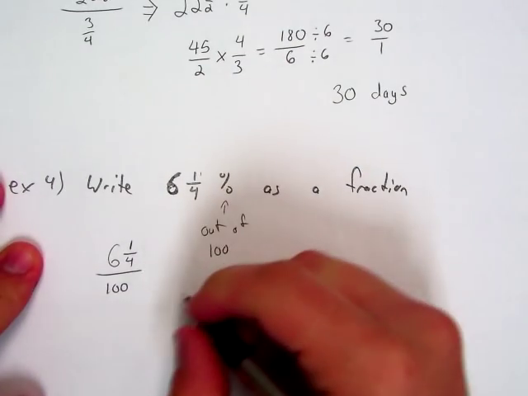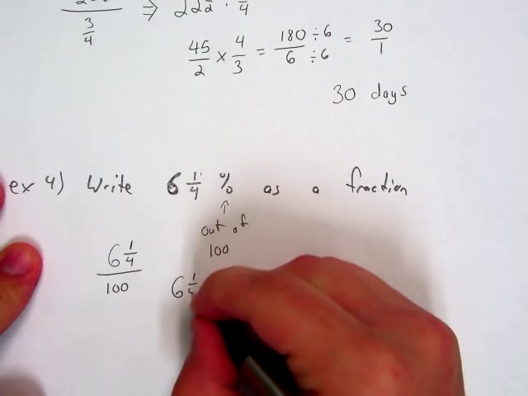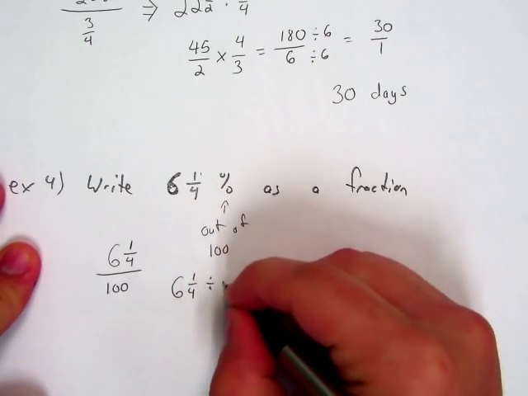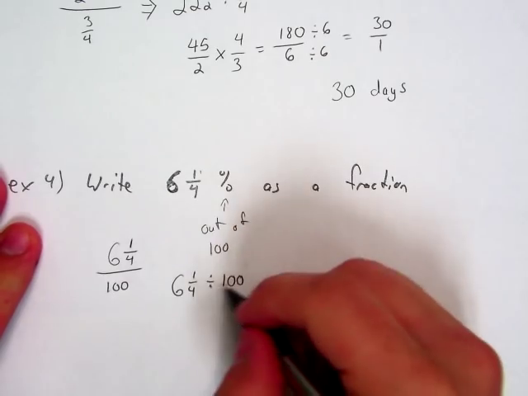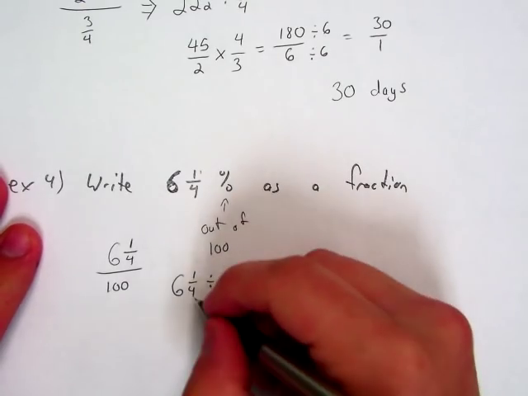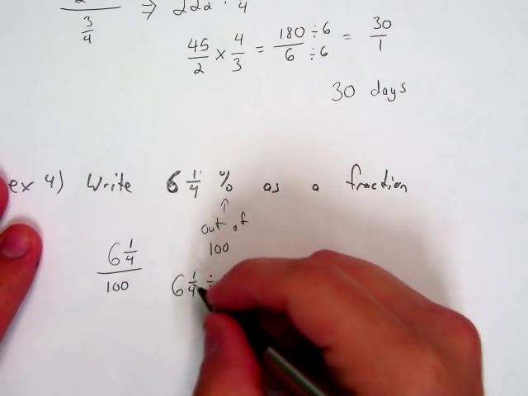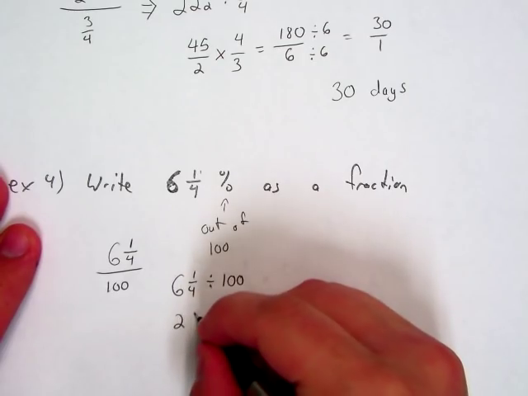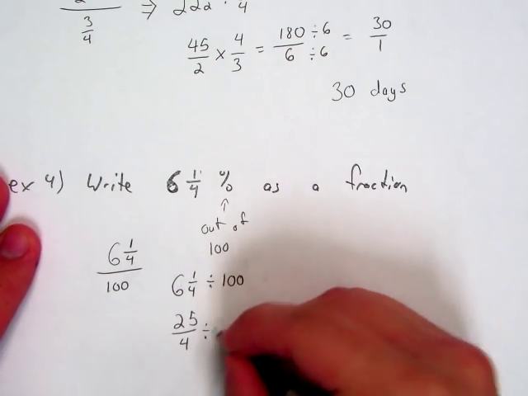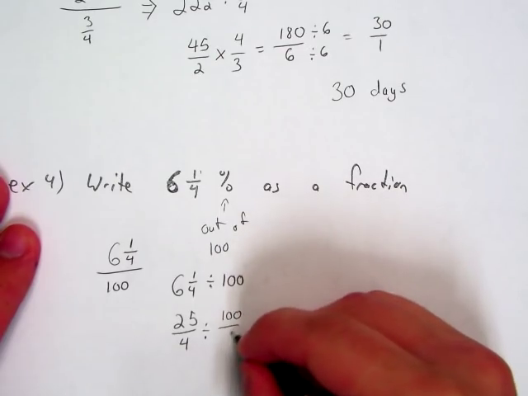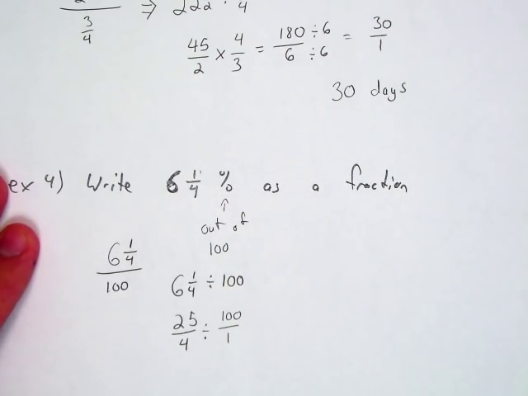I can now rewrite this problem as 6 1/4 divided by 100. I'm going to change both of these to improper fractions. So 4 times 6 is 24, plus 1 is 25. So this is 25 over 4. 100 as an improper fraction would be 100 over 1.